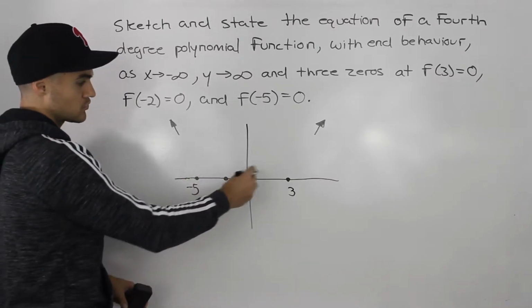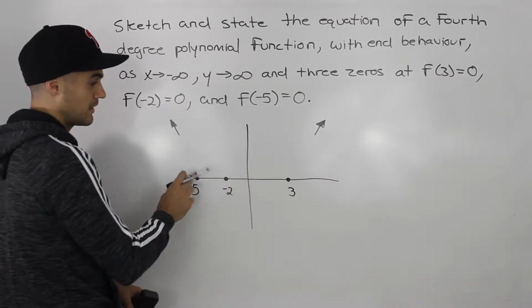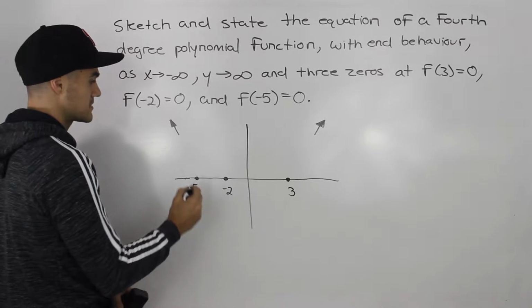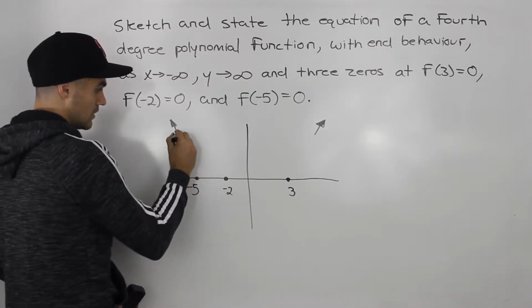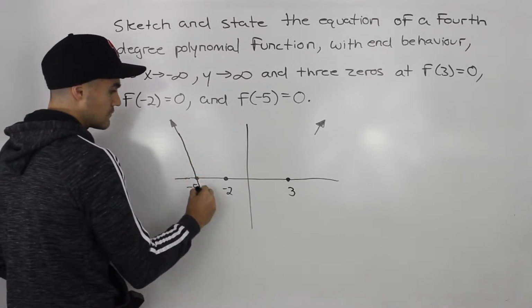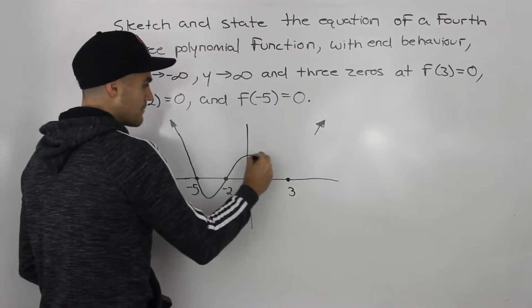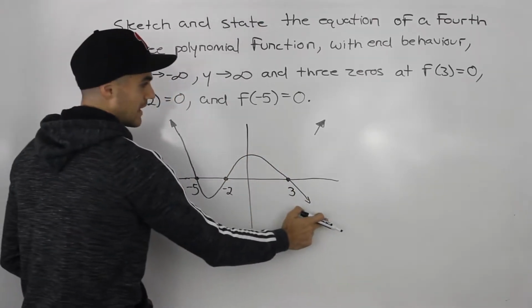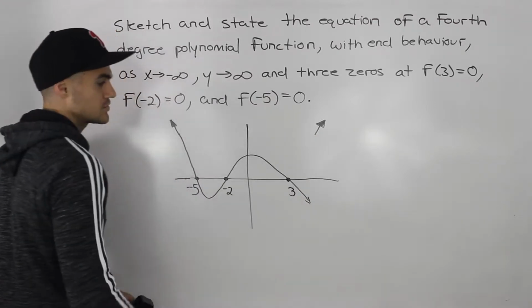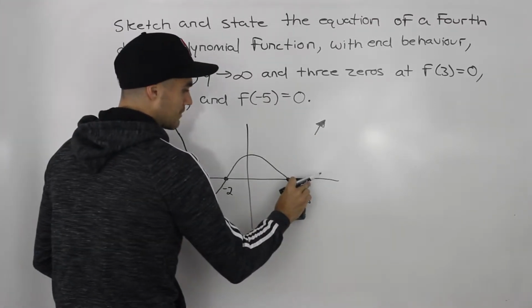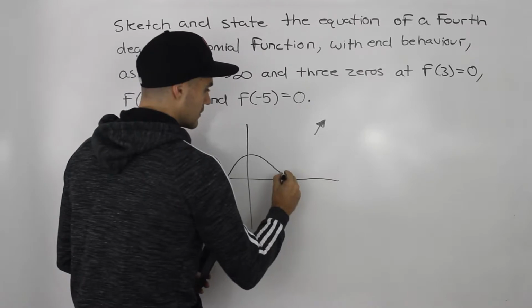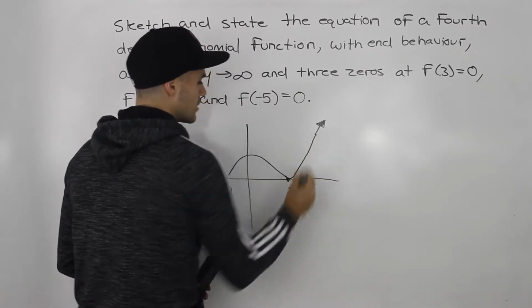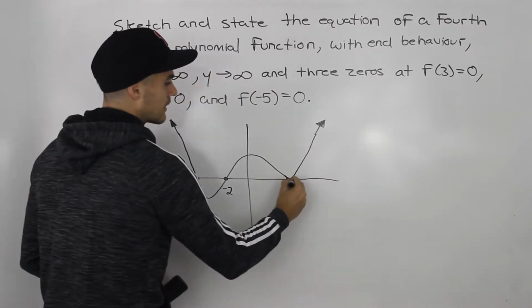It doesn't matter which one you pick, but at one of them there will have to be a bounce. Because if I don't bounce it off one of the x-intercepts, the end behavior is not going to match what we're trying to do here. So maybe at this 3 here, I could bounce that function off and make it look like that.